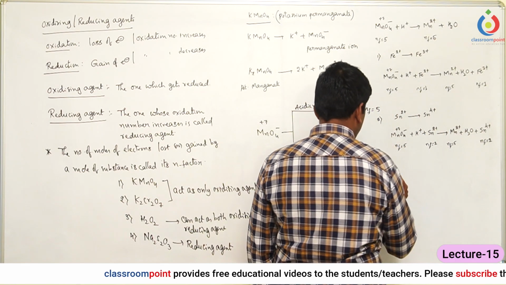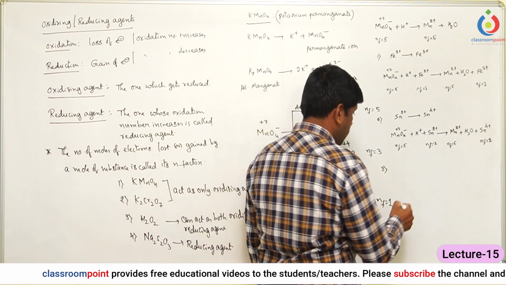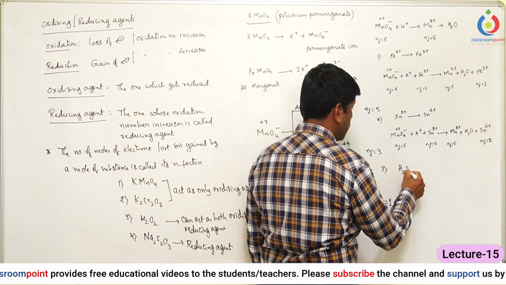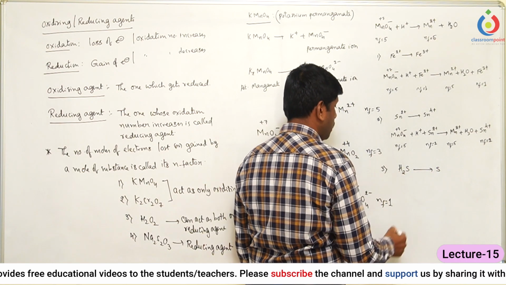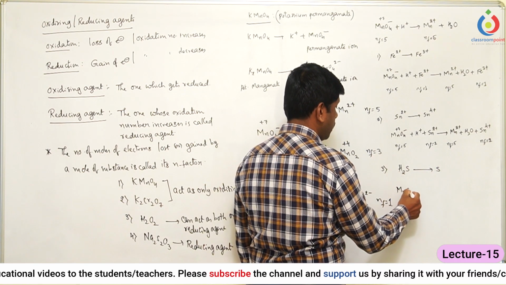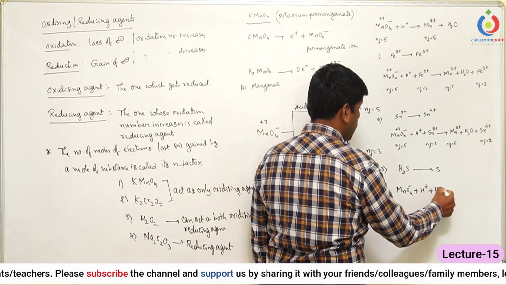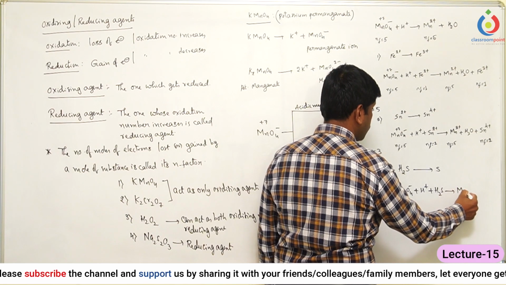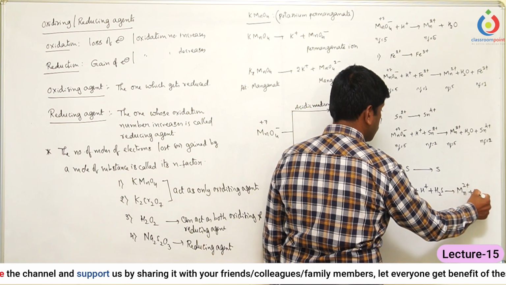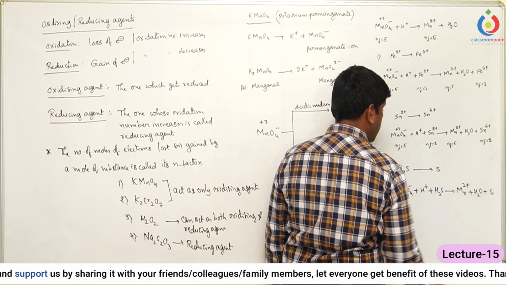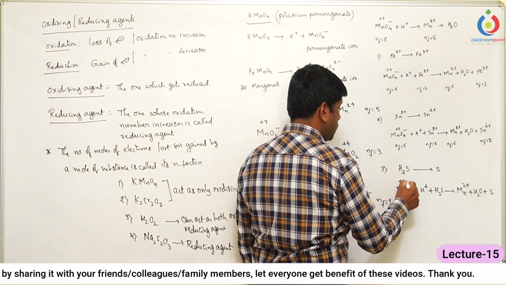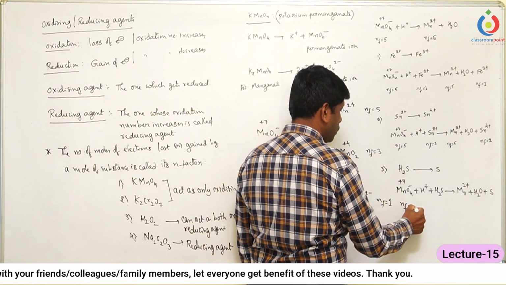So let us take what other changes it can show. It can oxidize hydrogen sulfide into sulfur. Then reaction again, MnO4 minus plus H plus H2S giving the Mn2 plus H2O and sulfur. Oxidation state plus 7. So N factor is equals to 5.